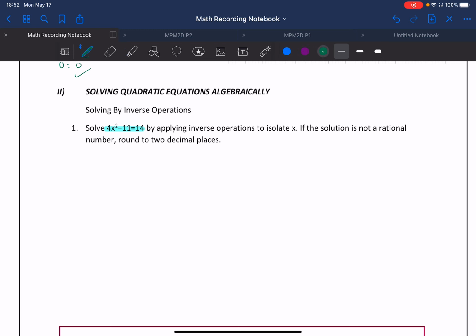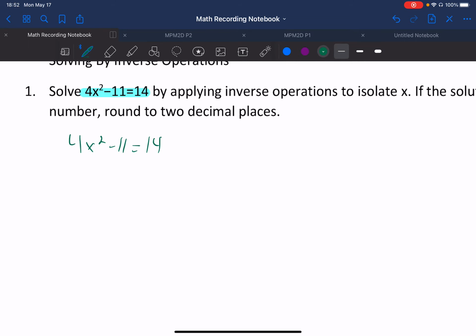So how can we do this one? We have 4x squared minus 11 equals 14. What we're going to start off by doing is bring all numbers over to one side that aren't connected to the x squared. So we're going to get 4x squared equals 14 plus 11, because it comes over from the other side. 4x squared equals 25.